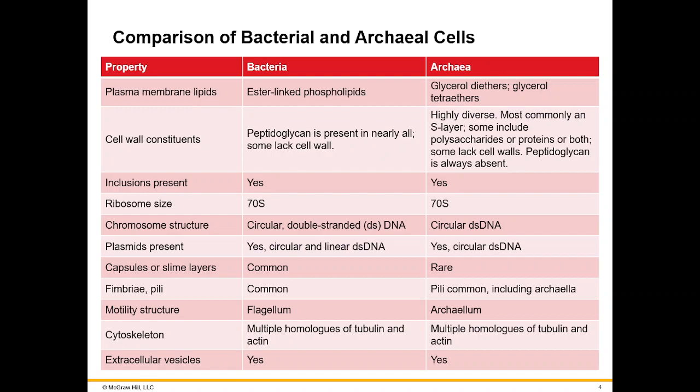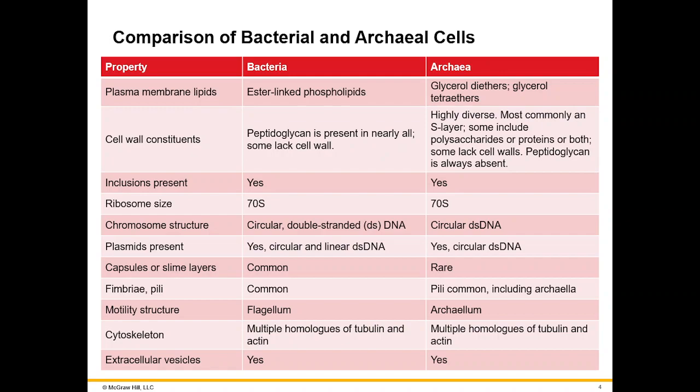The second property they differ in is the cell wall constituents. In bacteria, as we discussed in the previous lecture, the cell wall is made of peptidoglycan layers. Although some bacteria, like Mycobacterium tuberculosis, have a slightly different wall, actually made of mycolic acid, generally they have this peptidoglycan layer.